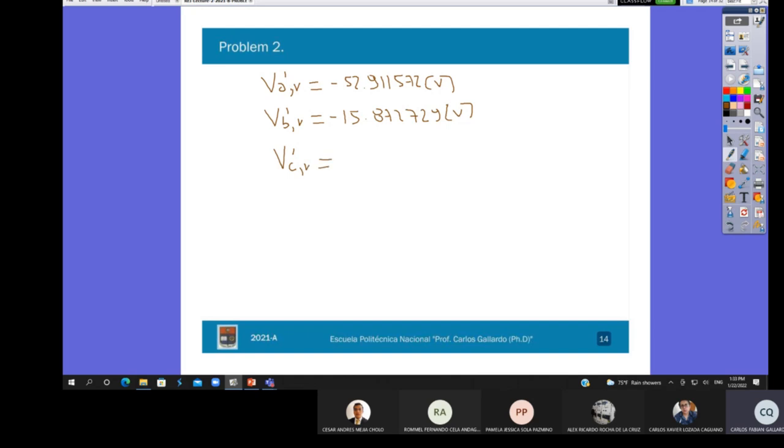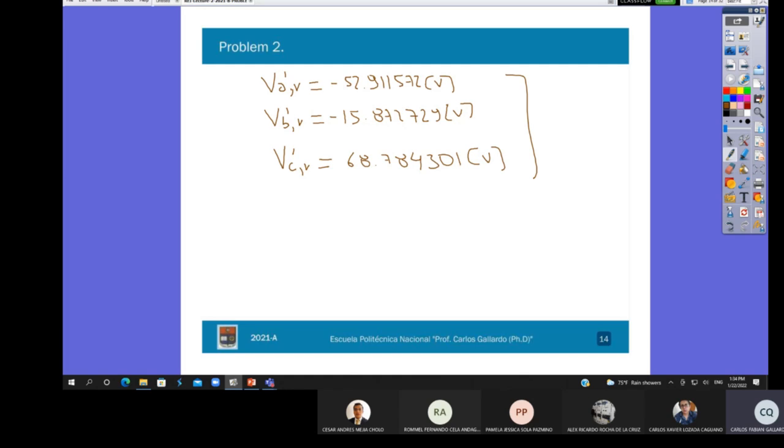And finally, for phasor C, I will get 68.784301 volts. Okay, see, this is the natural reference frame.